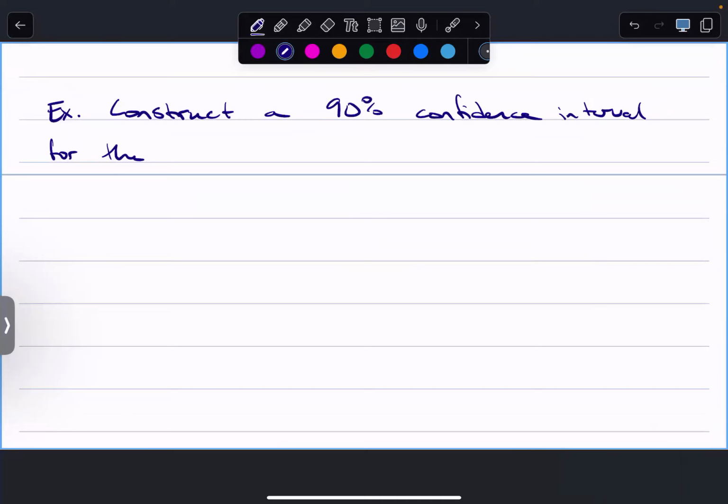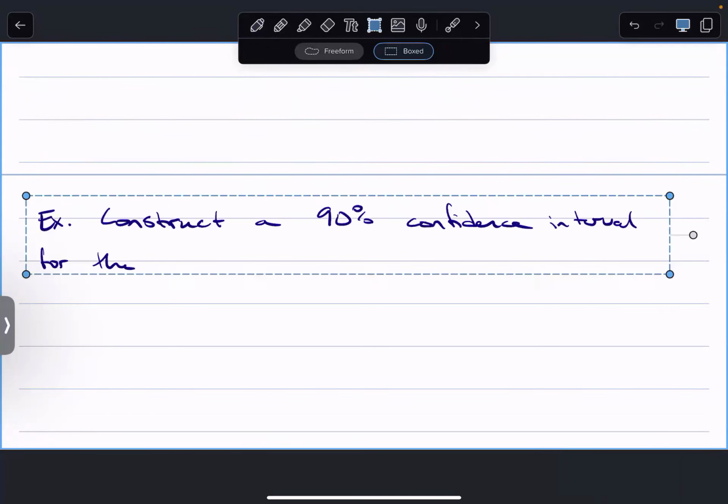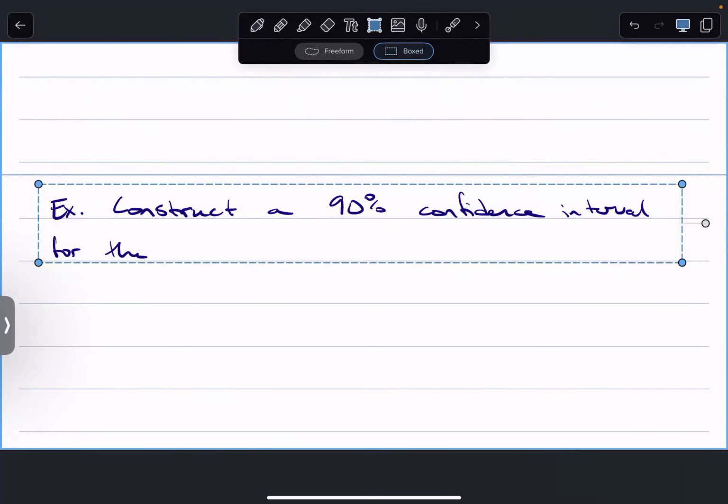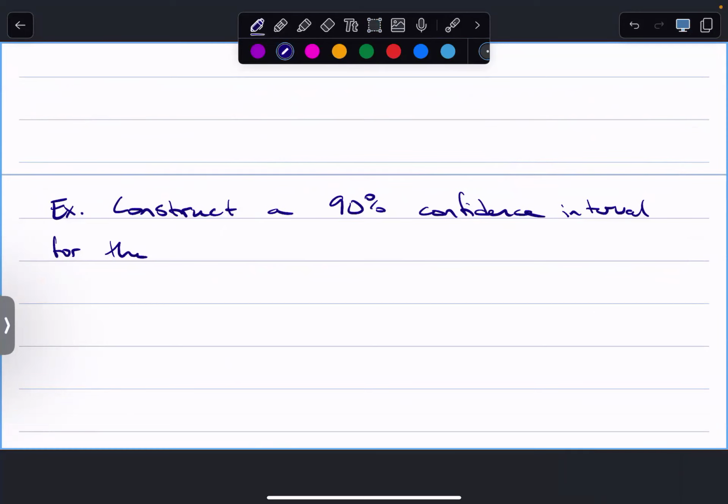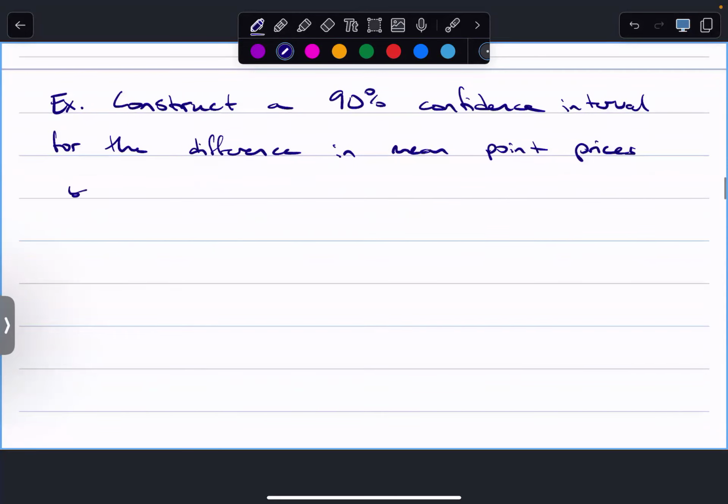And maybe I'll sneak this onto the next page. For the difference in mean point prices between, and I'm gonna do it in the order that they appear, between 0.99 and 1 carat diamonds.